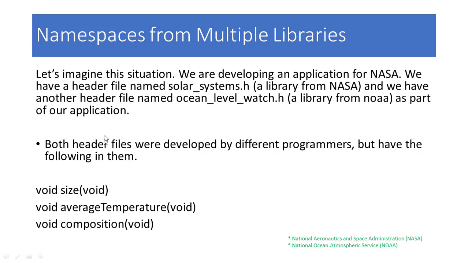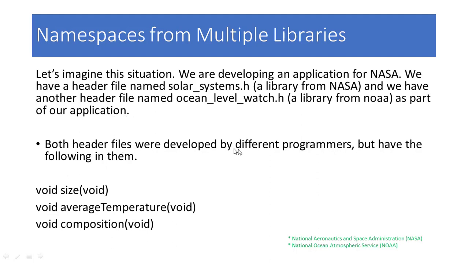Let's look at it critically once again. Let's imagine this situation clearly. We are developing an application for NASA. We have a header file named solar_systems.h. It is a library from NASA. And we have another header file named ocean_level_watch.h, which is a library from NOAA as part of our application.